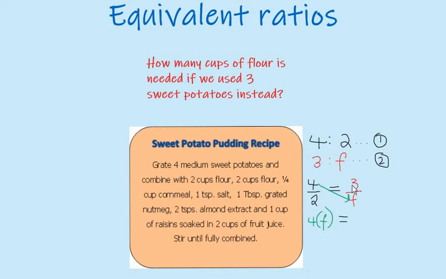We're going to take the first number at the top, multiply to the bottom number in the other ratio. So that's going to be 3 times 2. All right? Now we are going to simplify.